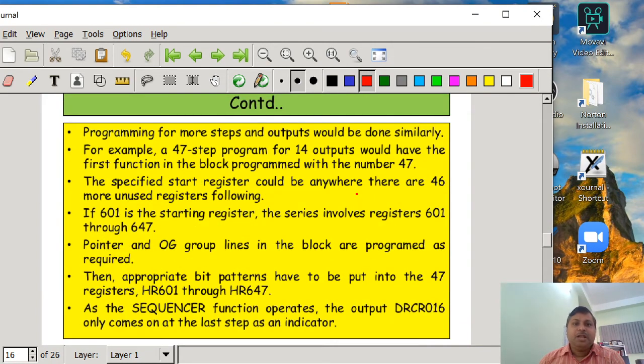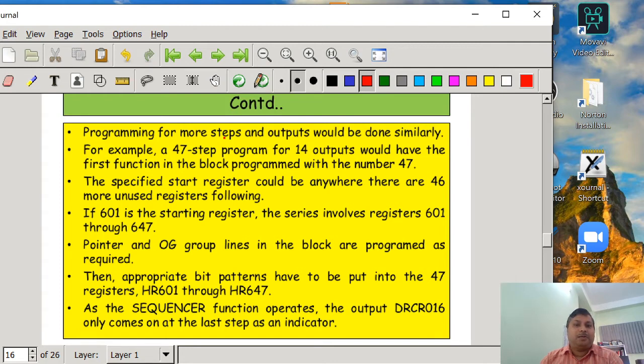Okay, so it is very clear from the discussion that the programming for more steps and outputs would be done similarly. For example, a 47 step program for 14 outputs would have the first function in the block programmed with the number 47. The specified start register could be anywhere.